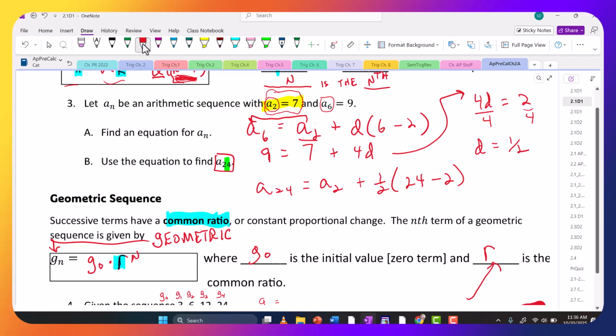Therefore, 22 common differences applied to get from that term to the other term. So that should make sense. And now I'm going to go ahead and plug in a sub 2, which is 7. You could have plugged in a sub 6 here, but then this would be 24 minus 6, 18 common differences from a sub 6 to a sub 24.